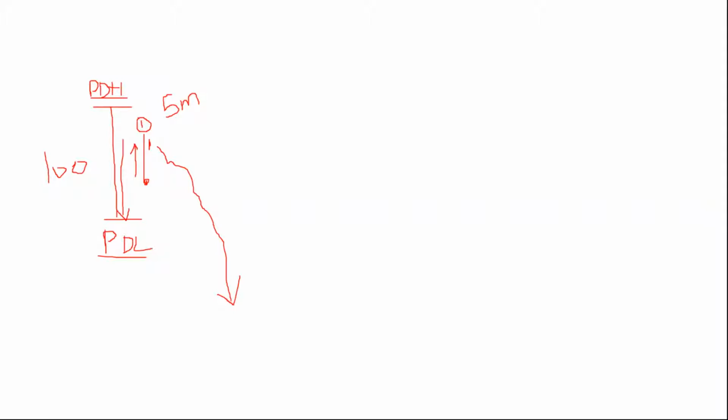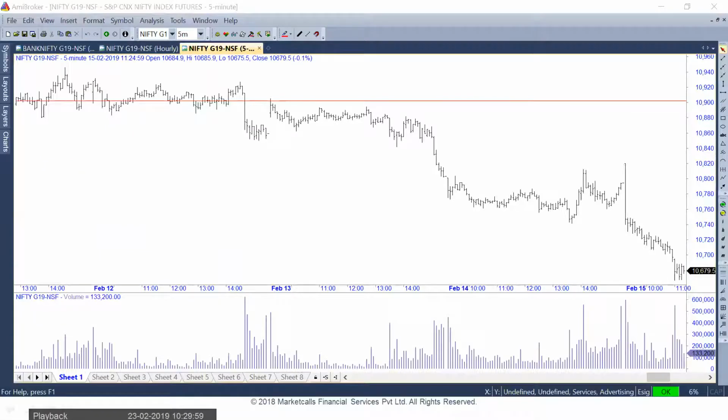So look into this information over here. Let me share the screen. So these are AmiBroker charts, and of course I can show it in NinjaTrader itself, but somehow I am obsessed with the bar charts using AmiBroker.